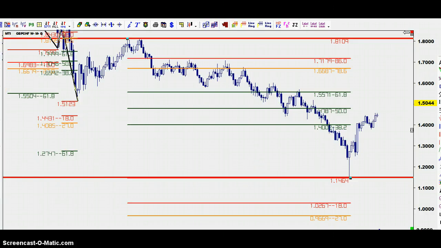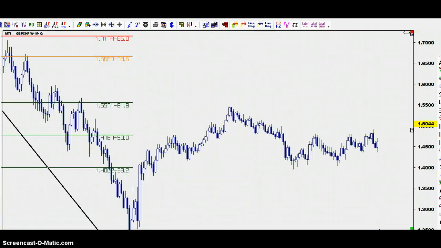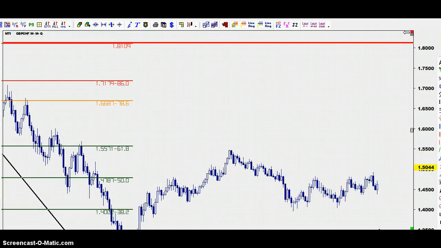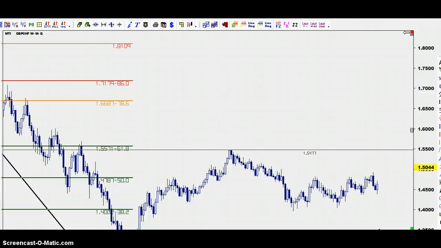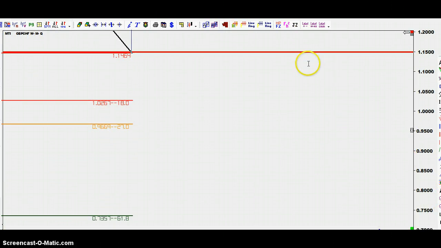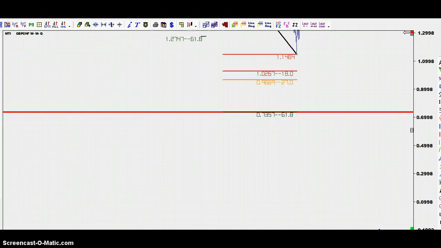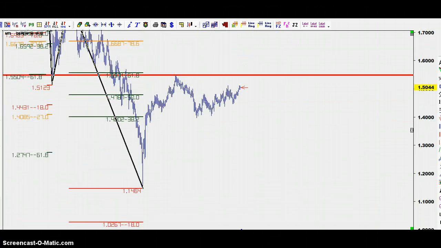And A to B, C to D. Okay, so we're looking at 618. Let's make it smaller so we can see the bigger picture.